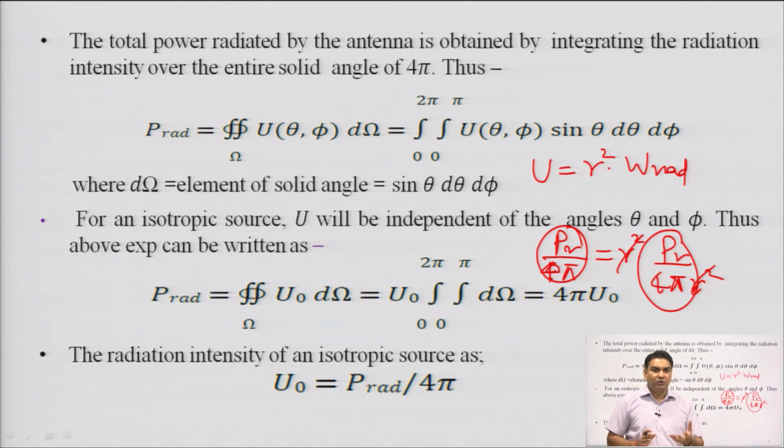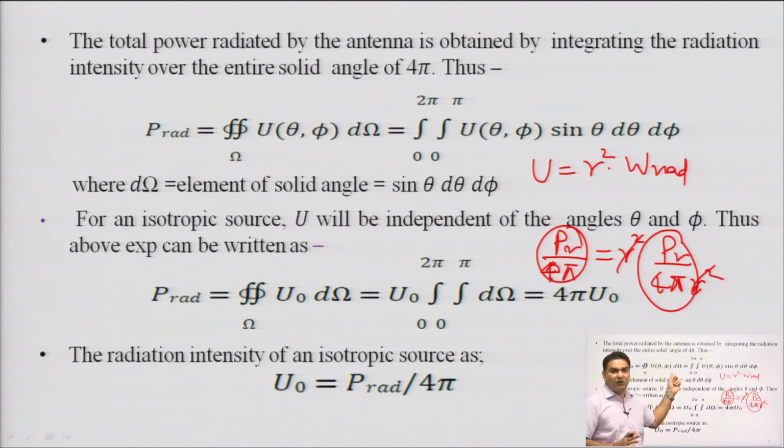So, the total power radiated can be obtained with the help of the radiation intensity parameter by integrating it with respect to the differential solid angle d omega, that is given here.